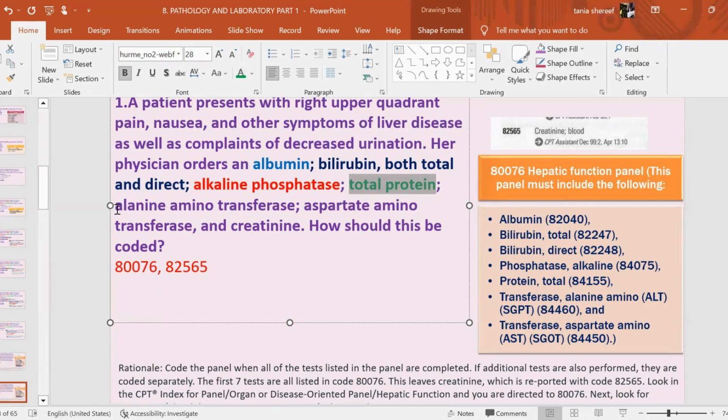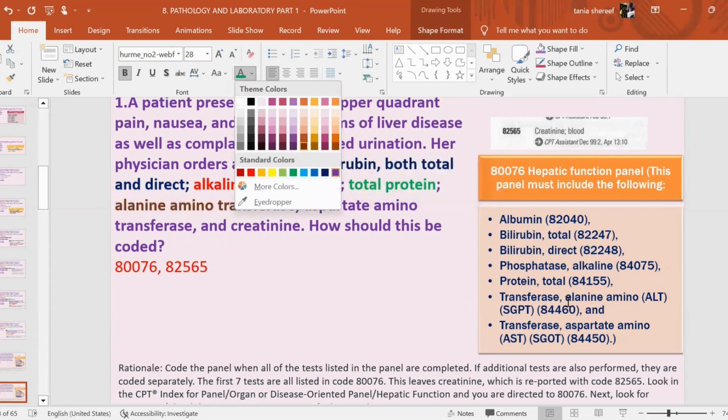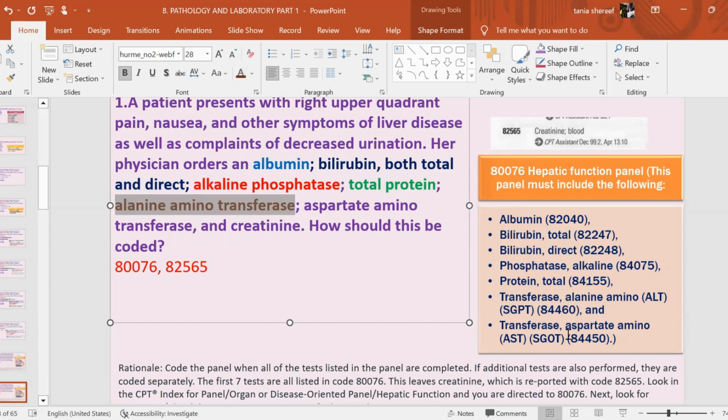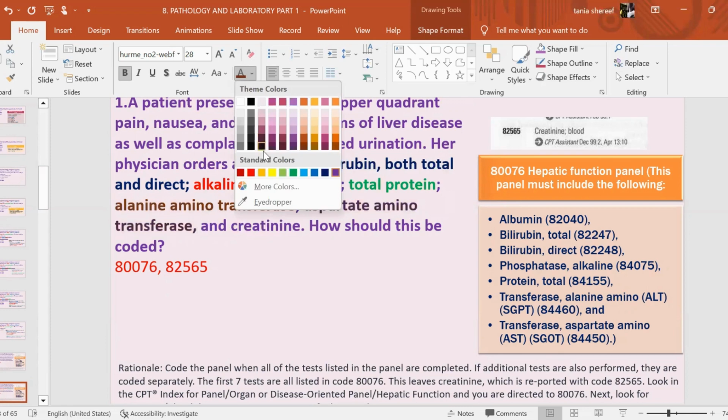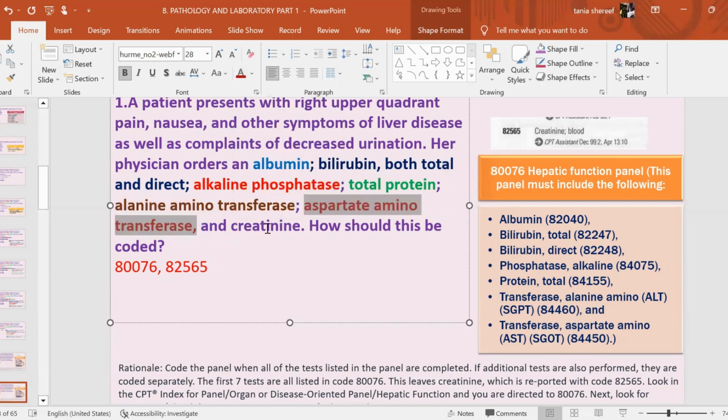Yes, that is also there in the question. And aspartate aminotransferase AST, that is also there. So when we check, the only test not present here is creatinine. Okay, so all the albumin, bilirubin total, direct, alkaline phosphatase, protein total, ALT, AST is there in the question.